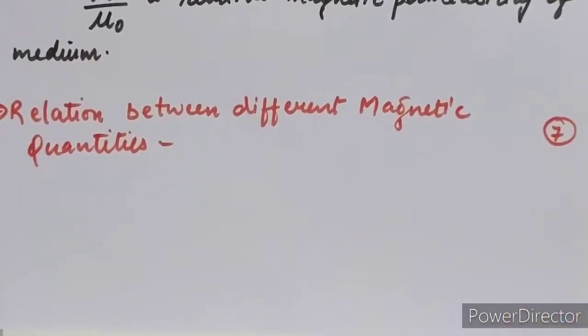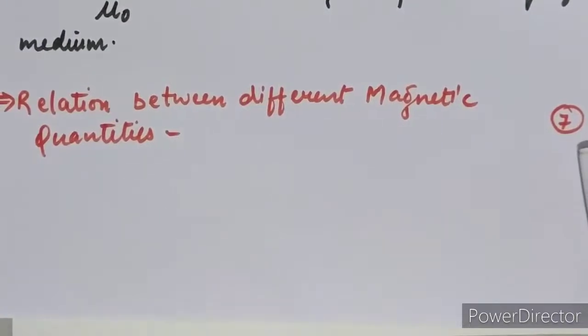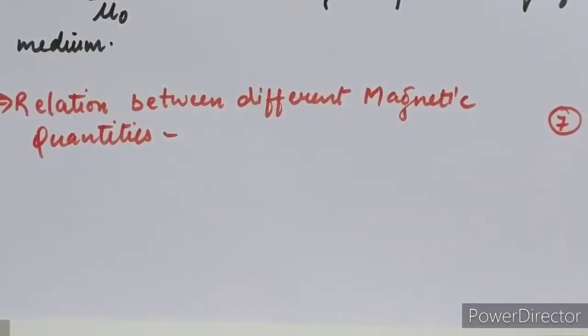Good morning, students. Now let's start with our 7th lecture of chapter number 8, that is magnetism and properties of magnetic substances. Yesterday we completed the important physical quantities related to magnetism: intensity of magnetization, magnetizing field, magnetic susceptibility and magnetic permeability.